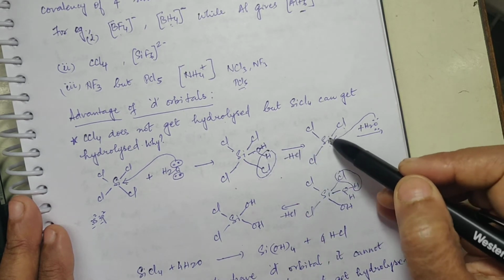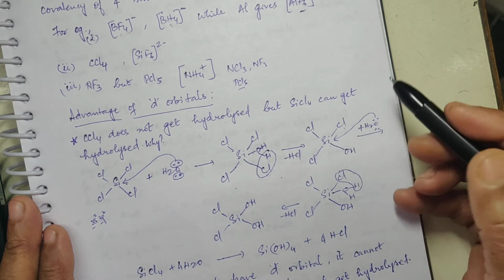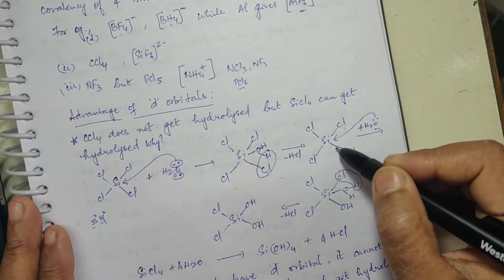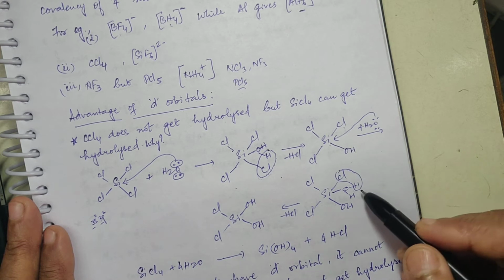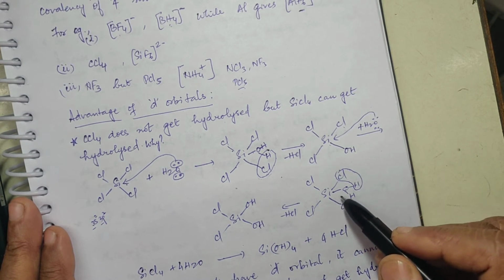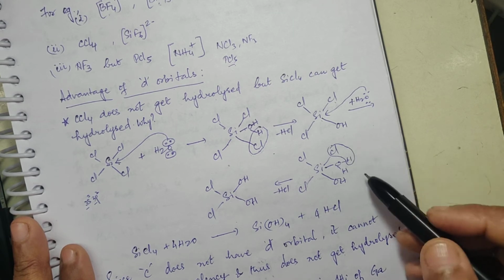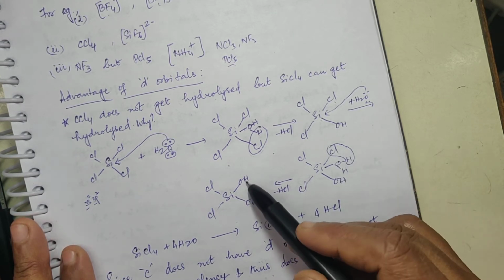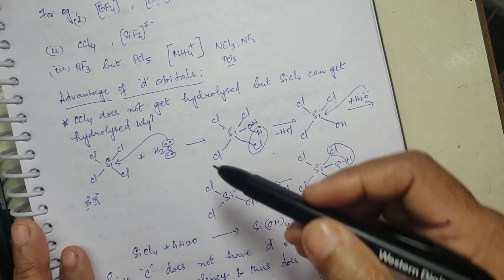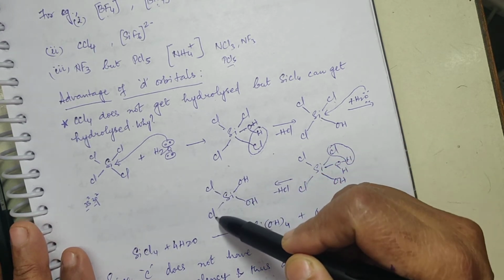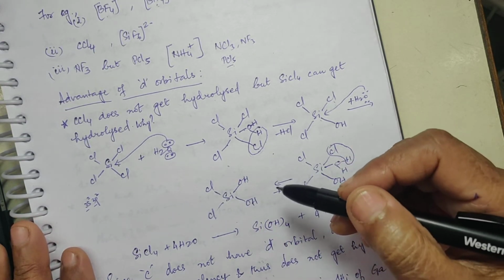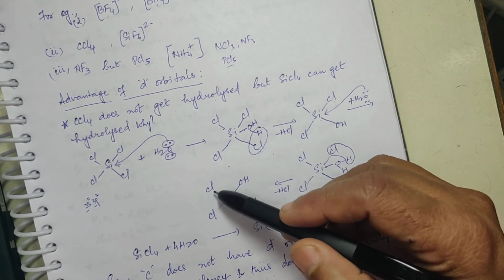Again it has come back to its original form, that is tetravalency. Now again one more water can react with it. Same way it can increase the coordination number to 5, and again one HCl, it is escaping from the medium, and one more Cl is replaced by OH. So like that, each and every chlorine, first by expanding the covalency, it can get replaced by OH.